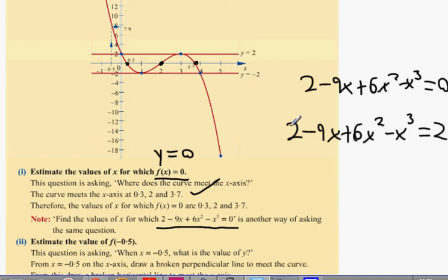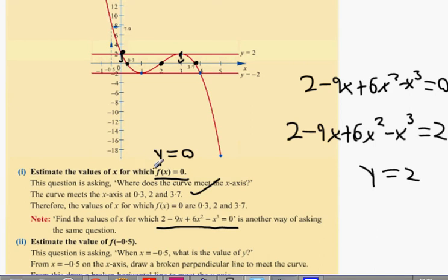Find the values for which 2 minus 9x plus 6x squared minus x cubed equals 2. What have I? It's basically y equals 2. Well done, whoever said that. And the answers are going to be 0 and 3.